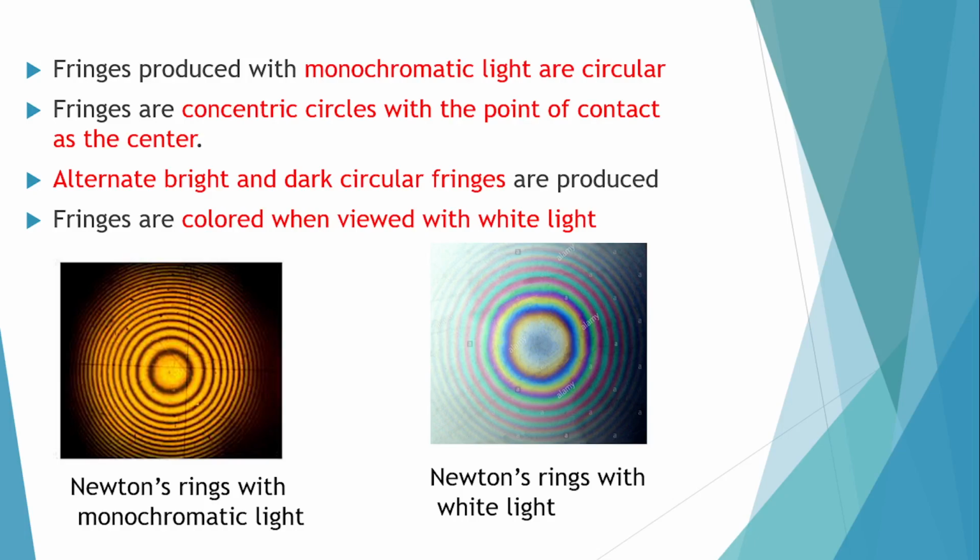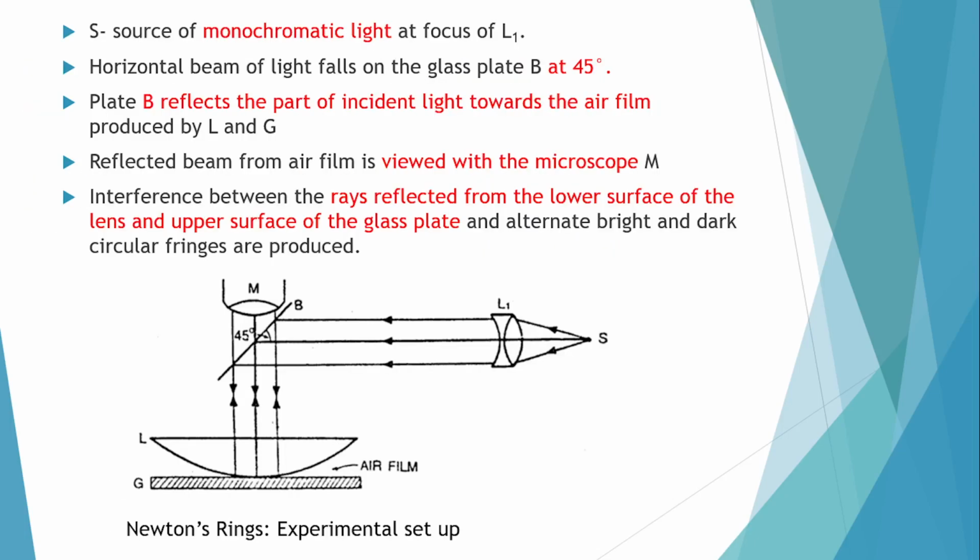The experimental setup of Newton's rings experiment is shown in the figure on this slide, where S is a monochromatic source of light which is kept at the focus of the lens L1.